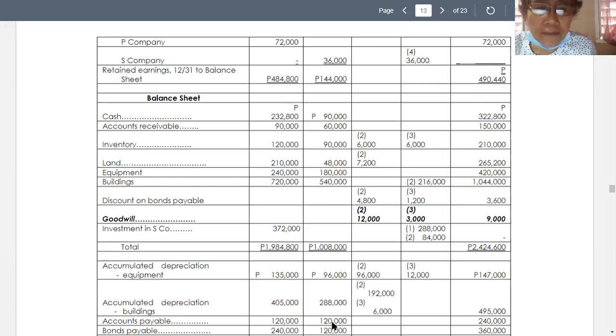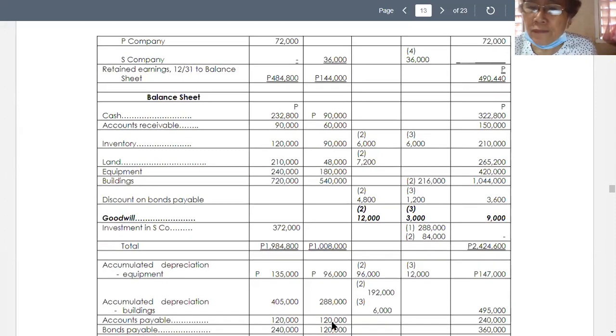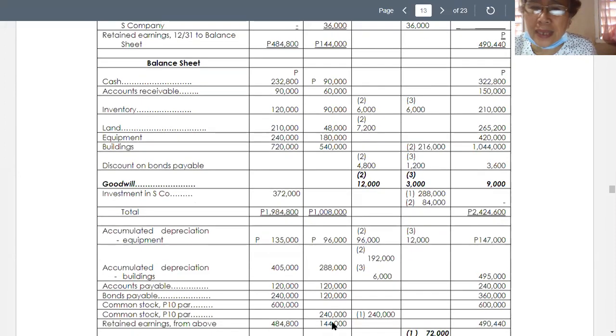Okay? Then for accumulated depreciation, we are adding those of the parent and the subsidiary, but we have the corresponding adjustments to accumulated depreciation. So the net amount is 147,000 for the equipment. For the building, 495,000 after the adjustment.